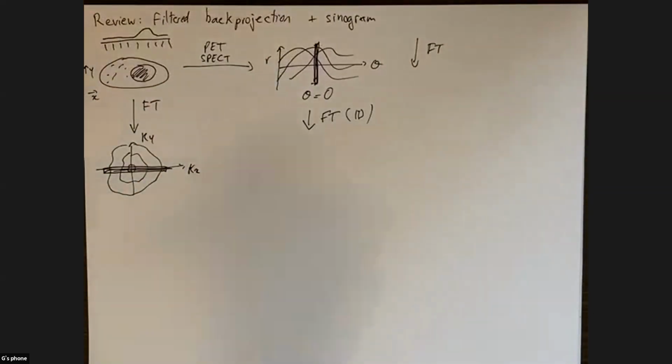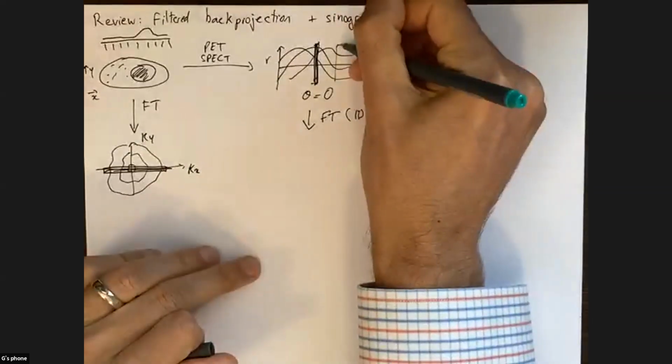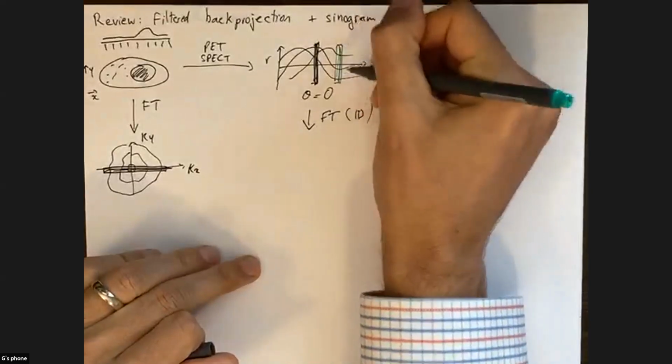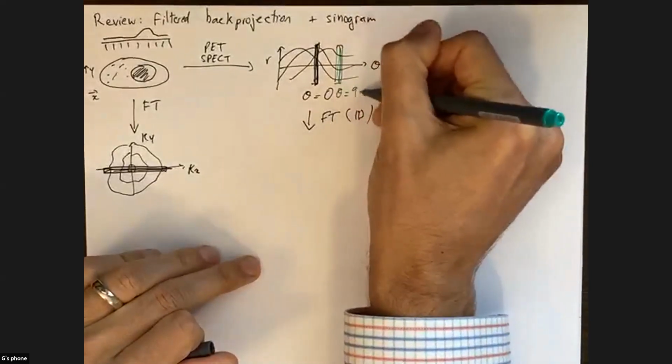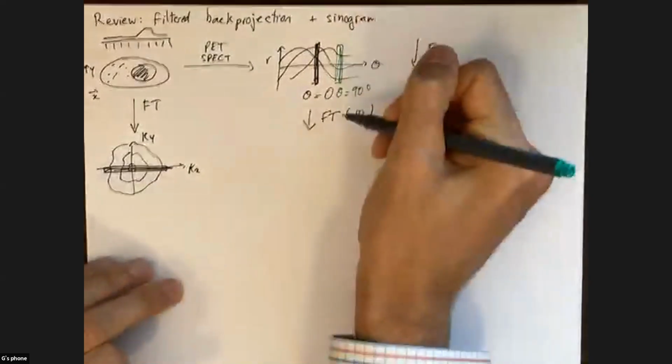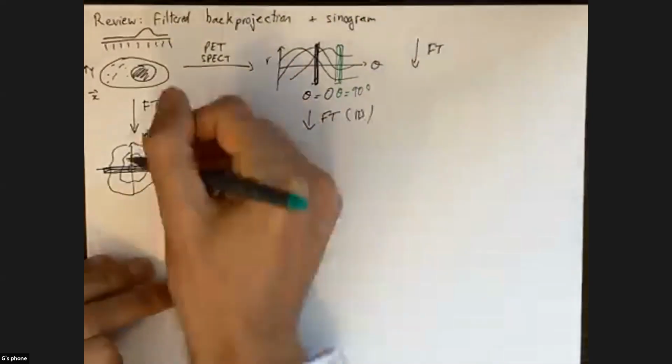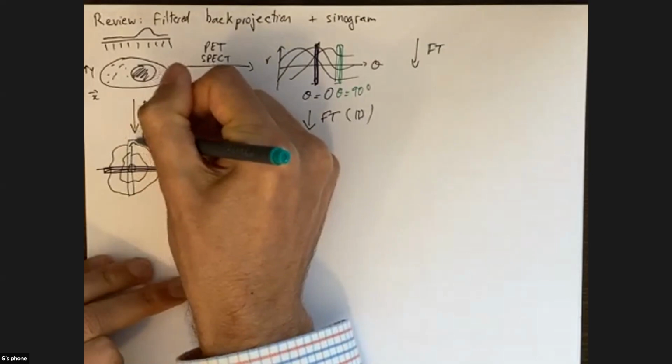If I take another line in the sinogram, say theta equals 90 degrees, and take a Fourier transform of this, it corresponds to this one here.